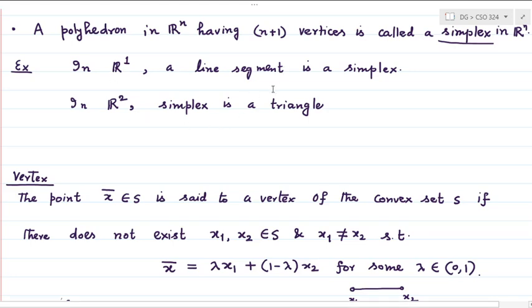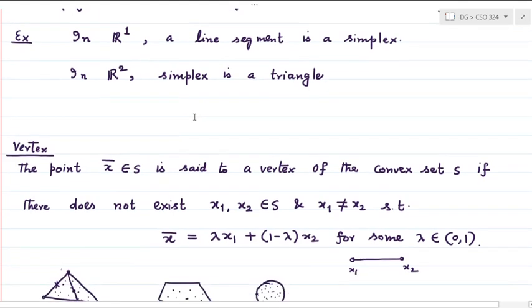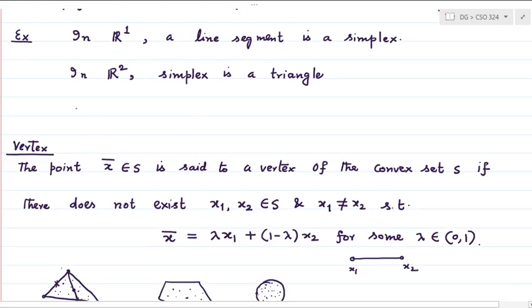So a simplex in R1 is a line segment, in R2 it is a triangle, in R3 a polyhedron region having precisely 4 vertices. Precisely 4 vertices will produce a tetrahedron. Simplex is a tetrahedron, right?